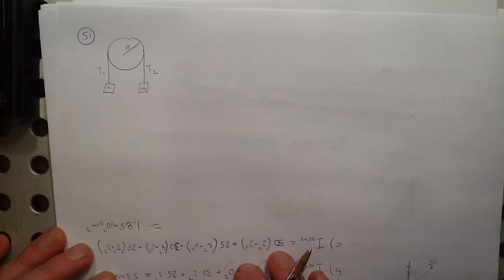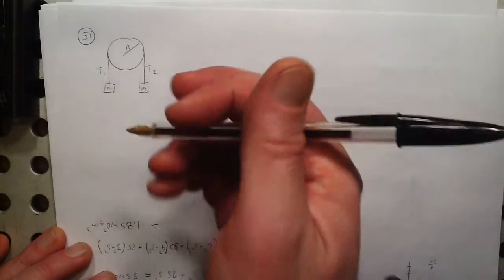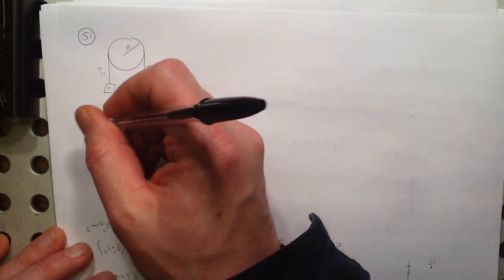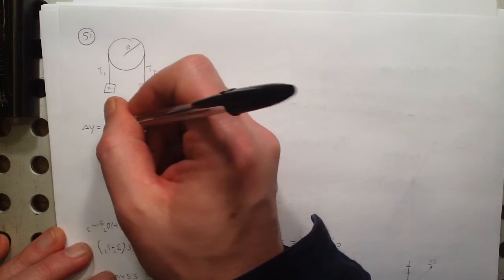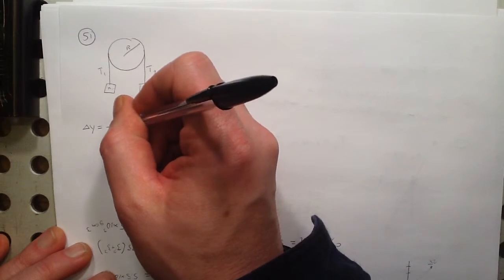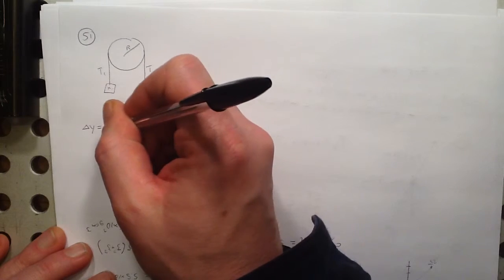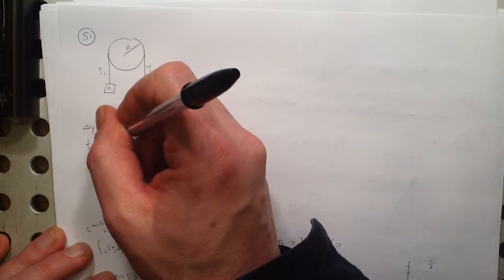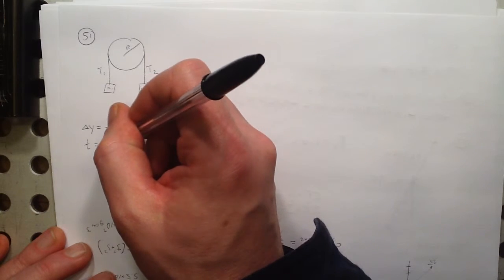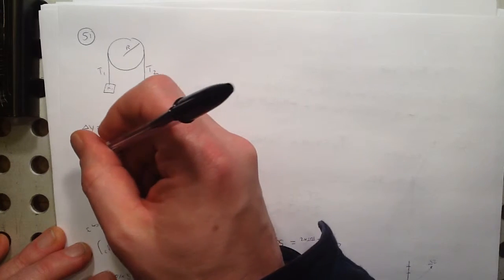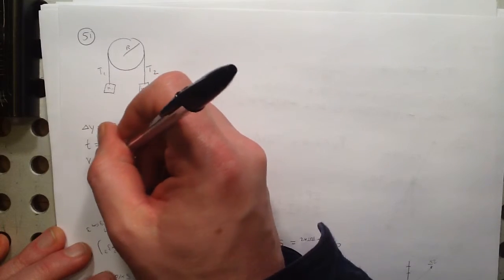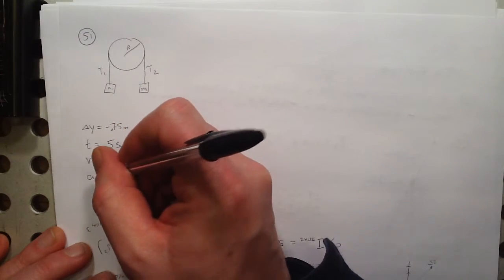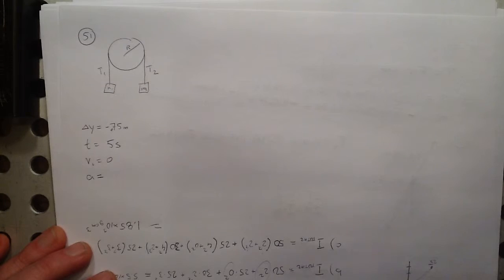So when released from rest, block 2 falls 75 centimeters in 5 seconds without the cord slipping. So 75 centimeters, it falls that much in how long? 5 seconds? And it starts from rest. So I need to find the acceleration here.